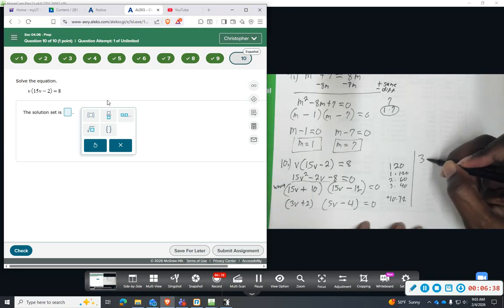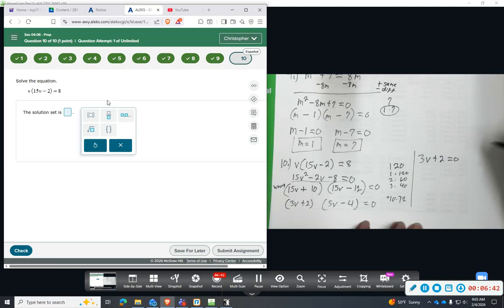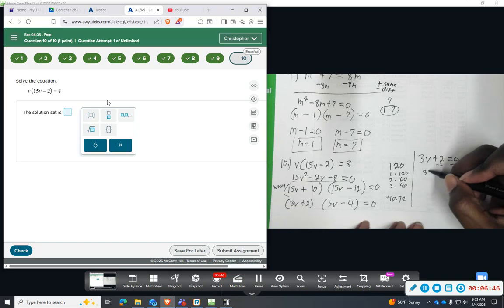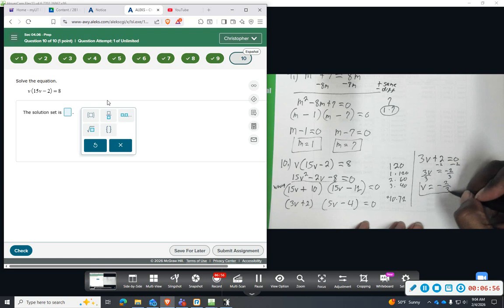We're going to have 3v plus 2 equals 0. Subtract 2. We get 3v equals negative 2, and then we'll divide by 3. So one solution, we get v equals negative 2 divided by 3.